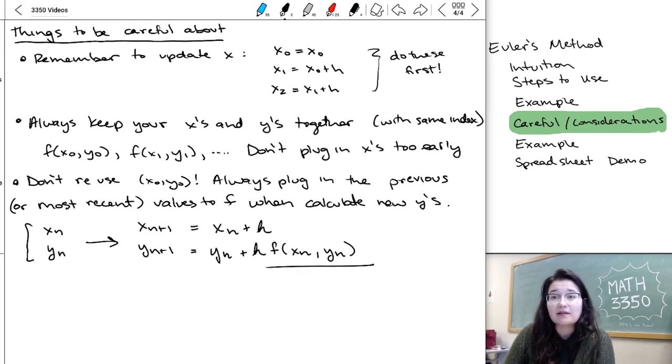Something that I'll see is reusing that f of x0, y0. You just want to be careful not to do that.